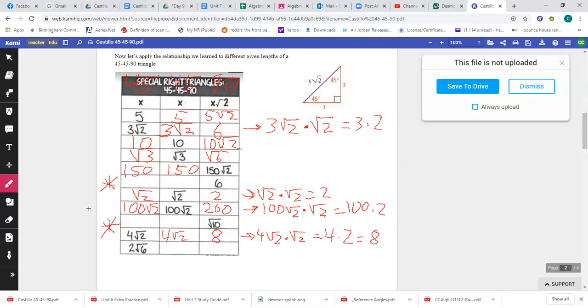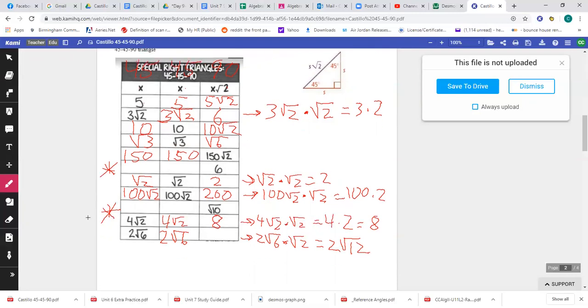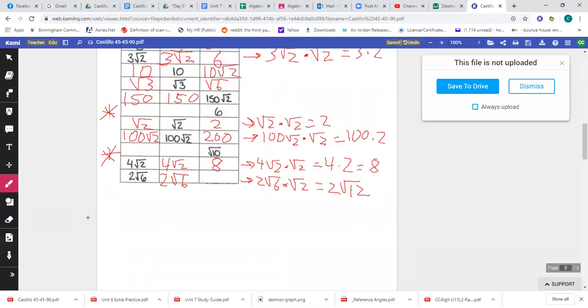Okay, so now let's do this one, 2 root 6. And so if I do 2 root 6 times root 2, I know that this is going to be equal to 2 root 12. Okay. Now, I see root 12. You could actually still put that in simplest radical form, right? 12 can break down into 4 and 3.